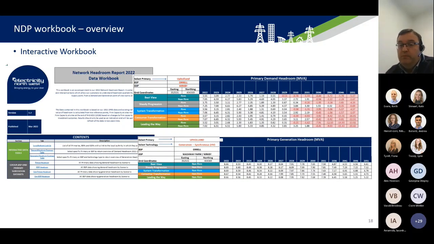To use the workbook, once you've identified your site, you can simply use the drop downs tagged at the top here, and the customers can simply drop down to identify the specific site that they're interested in, and the arrows then point accordingly. Information is then given out across each scenario, showing when likely interventions are required at that location, and this is also broken down by whether that be a demand issue or a generation issue, which is also within the workbook.